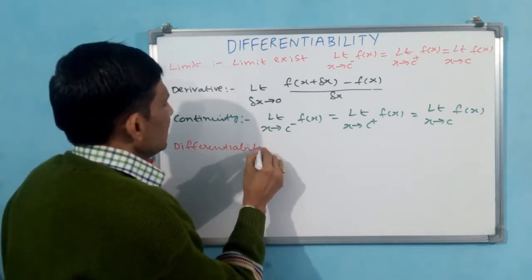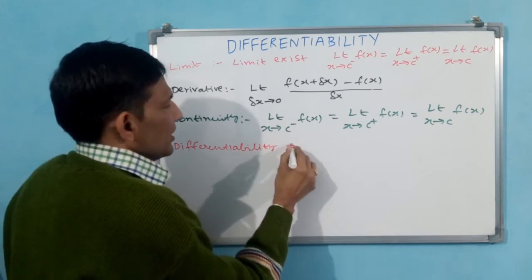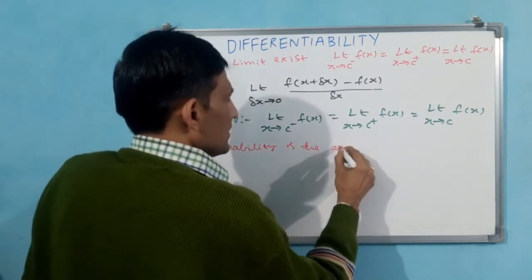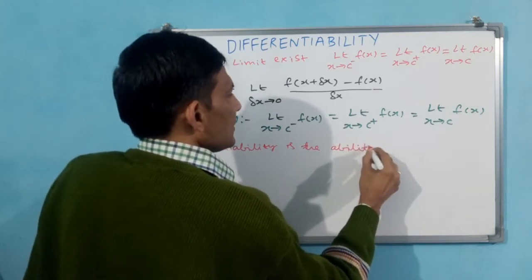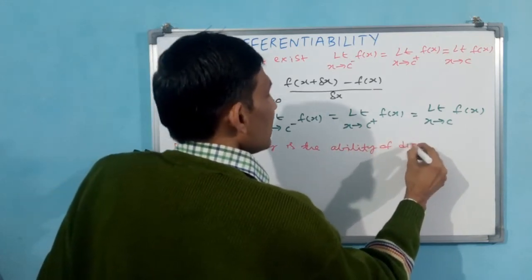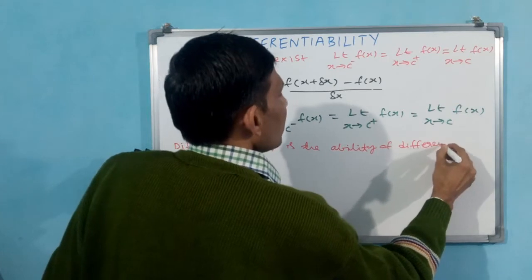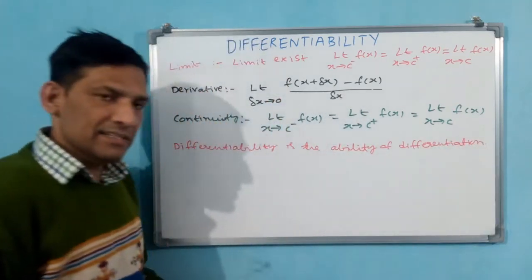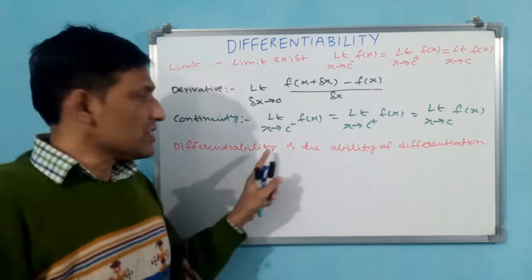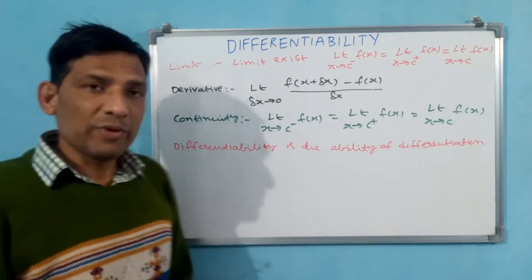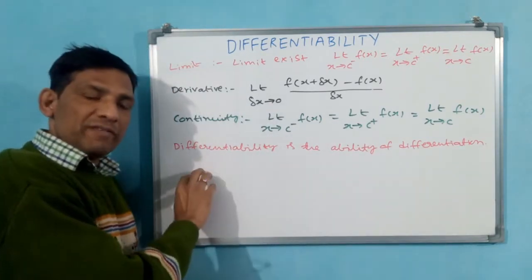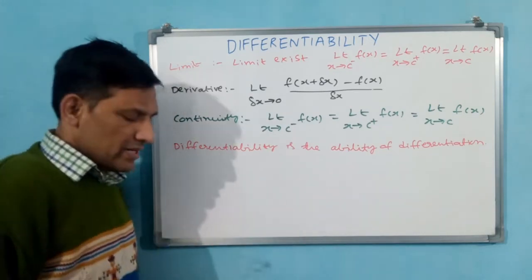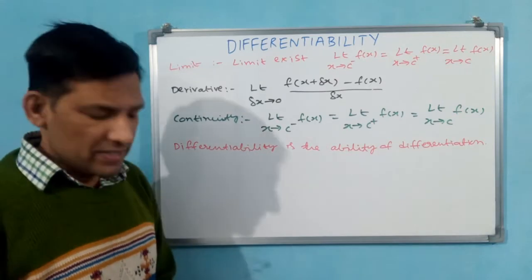Differentiability is the ability of differentiation. Okay, first of all you understand this. Differentiability means differentiation ability. Then again you ask what is differentiation?